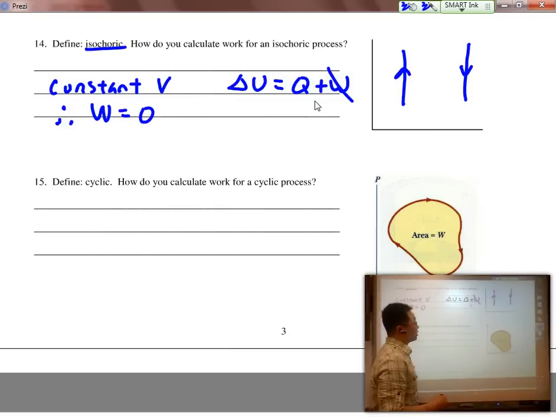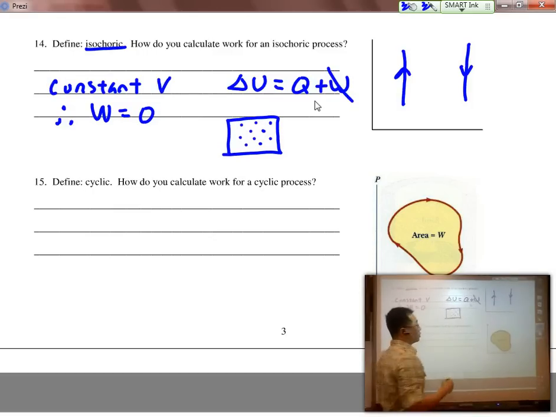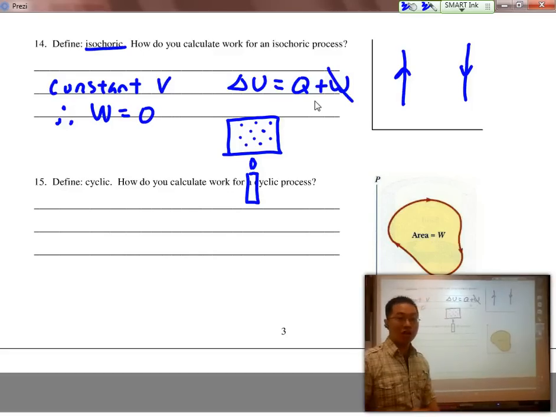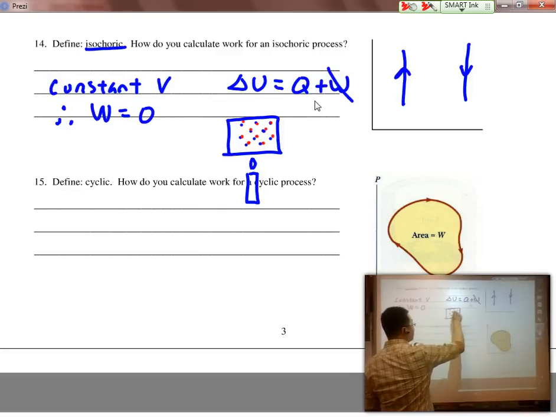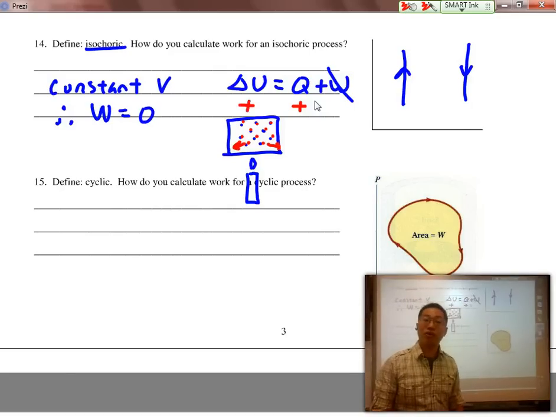Delta U is equal to Q. That means if I took my gas and held it inside a container of some sort, and the gas molecules are bouncing around, if I put a candle underneath and I started heating it up, but without letting the box change shape, then the molecules will start getting faster and faster as they're bouncing around. Any increase in heat added automatically increases the temperature of the gas itself and would increase the pressure.